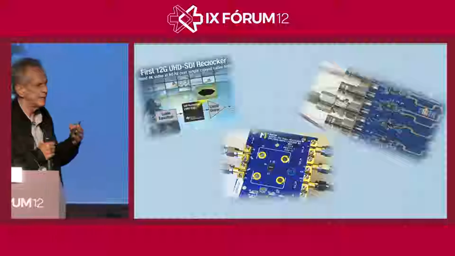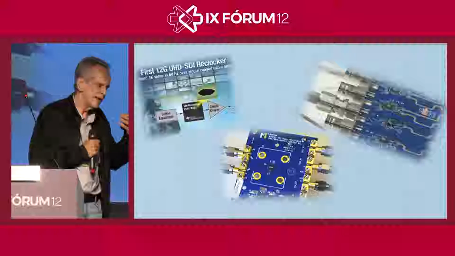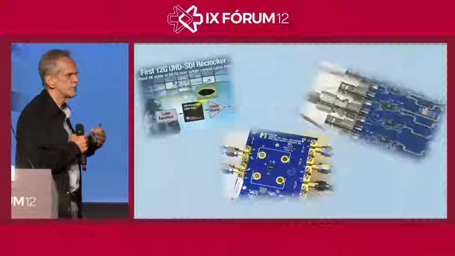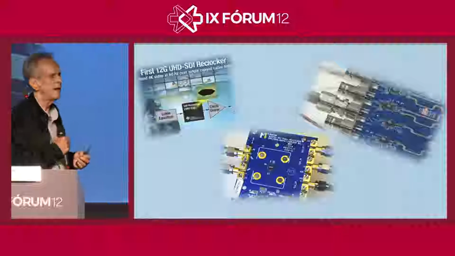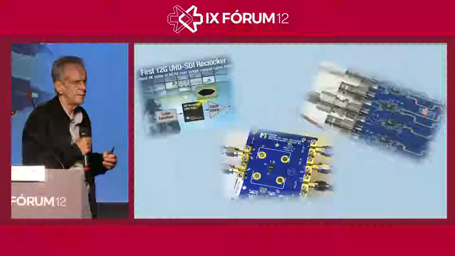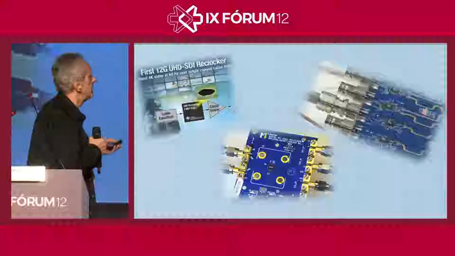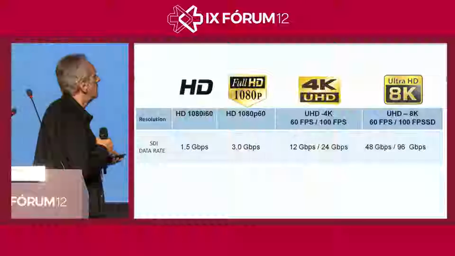We still have this type of connection in 12 giga, but working with coaxial cables at distances that are not very long. Here we have distance limitations, and unidirectional signals is still a problem within production.